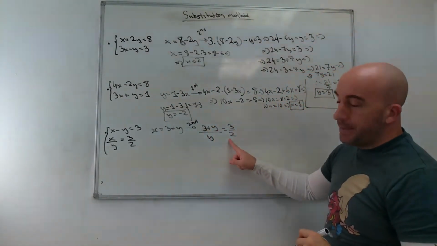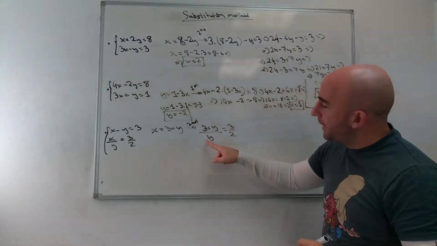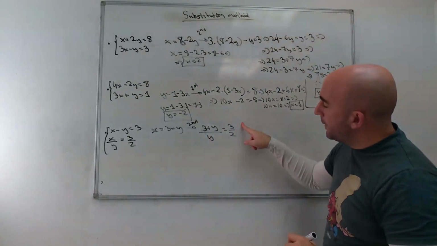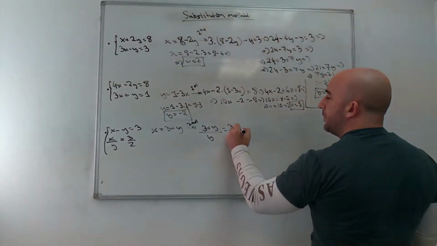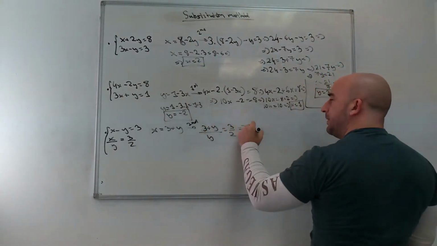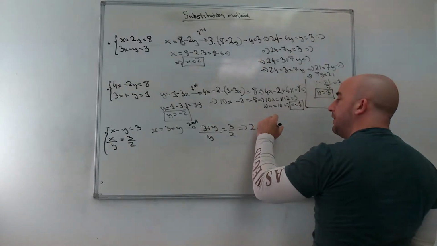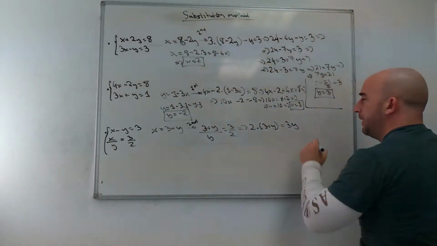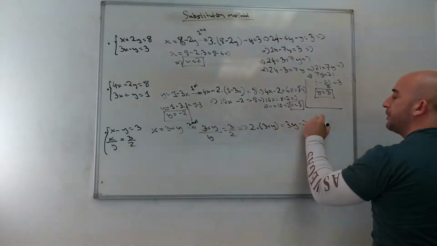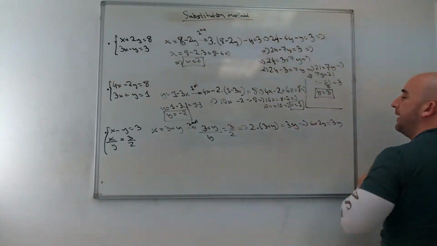Now, if I have this, y is dividing this side, so I'll send it to the other side multiplying. 2 is dividing, so I'll just send it to the other side multiplying. So 2 times (3 plus y), use parentheses, equals 3 times y. Okay? Just multiply. 6 plus 2y equals 3y.